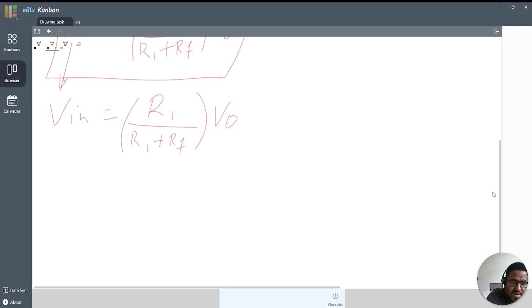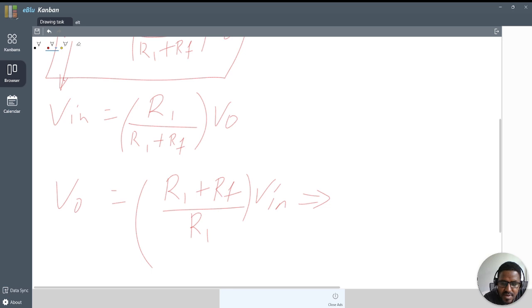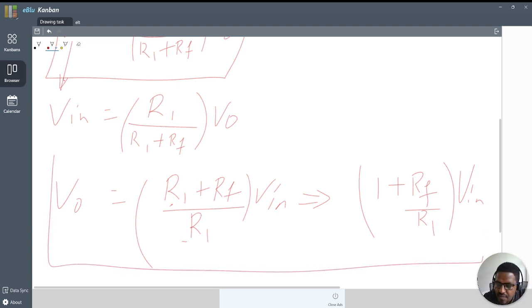So what does V out mean? When you simplify this, V out becomes simply R1 plus Rf over R1 multiplied again by V in. This means R1 and R1 are the same, so 1 plus Rf over R1 by V in. This is our V out.